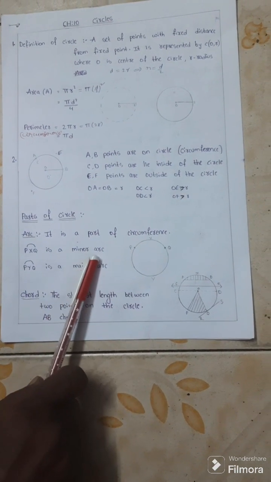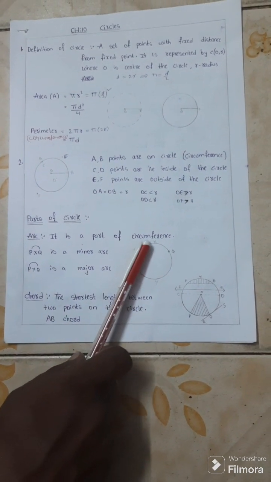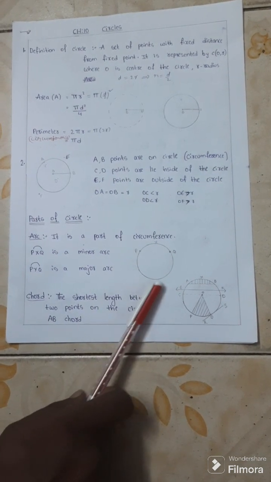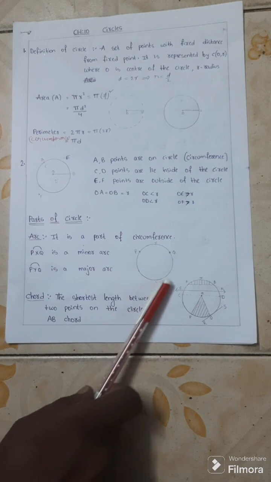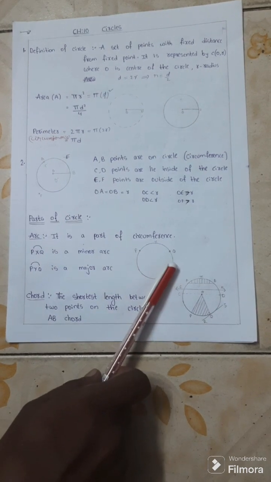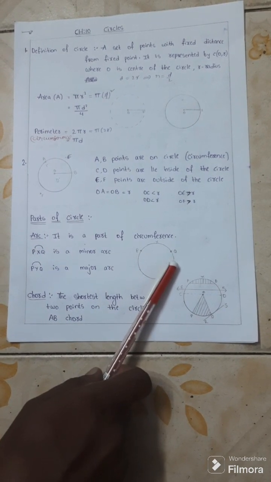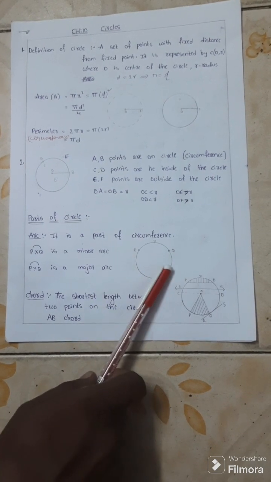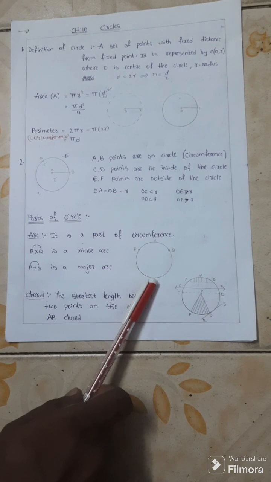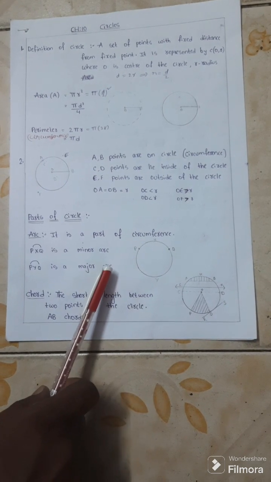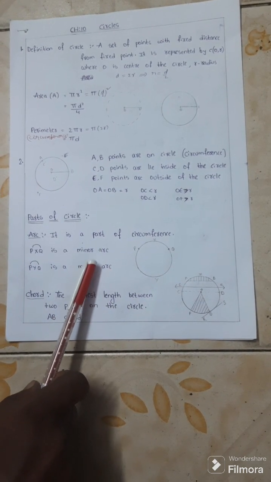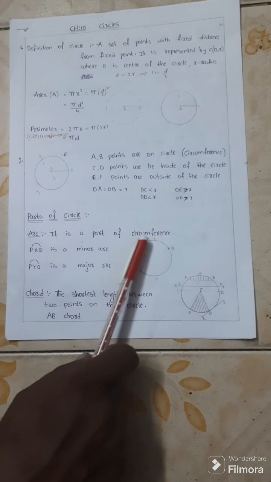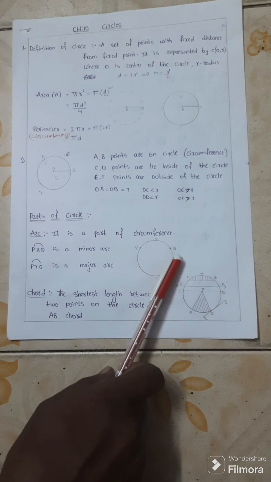PXQ is a minor arc because it is a short length on the circumference, whereas PYQ has more length, so PYQ is a major arc. You should not write arch; this is the mathematical word arc. So this is the minor arc, and this is the major arc.